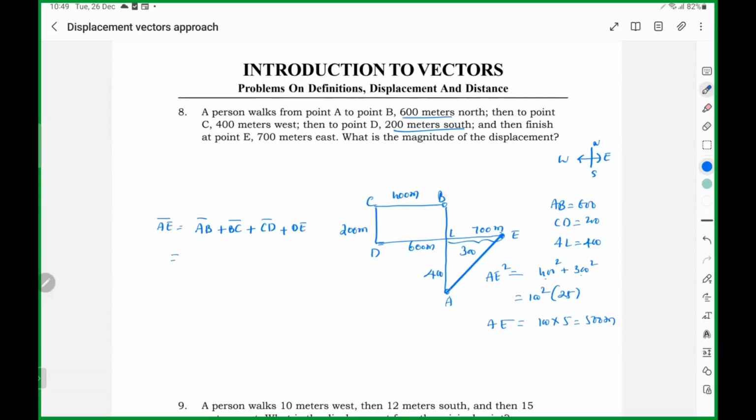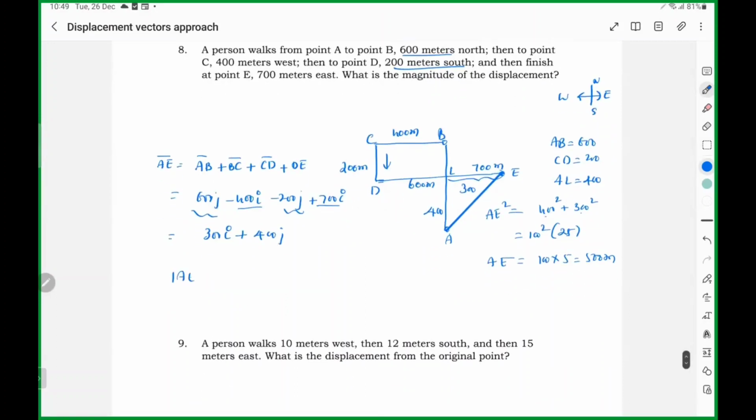AB in vertical direction, BC towards left, we write CD downwards, DE towards the positive side, 700I minus 400I, this one 400J.